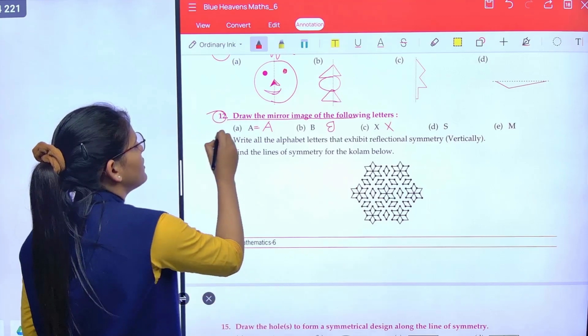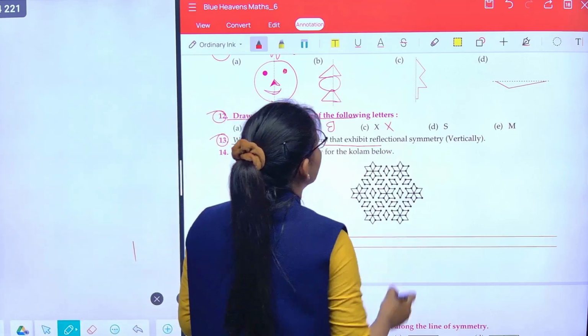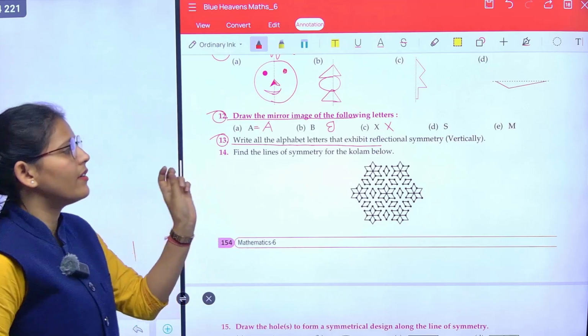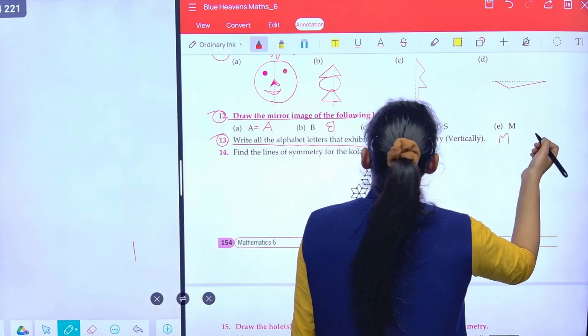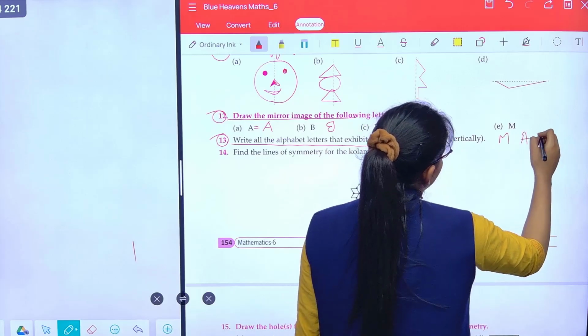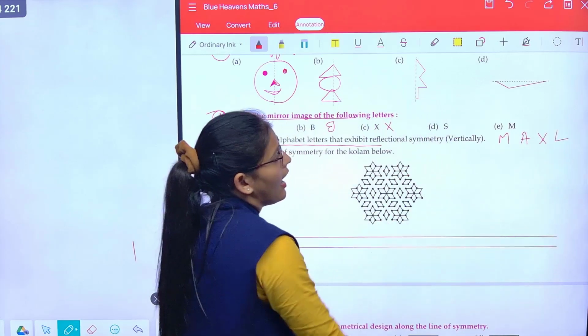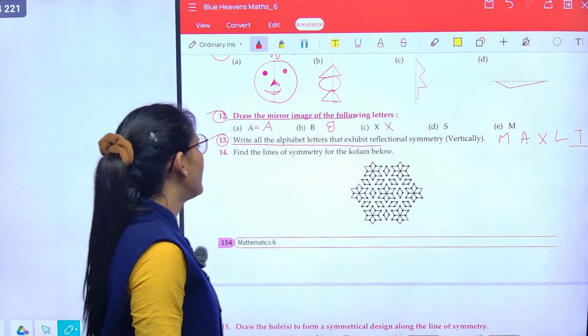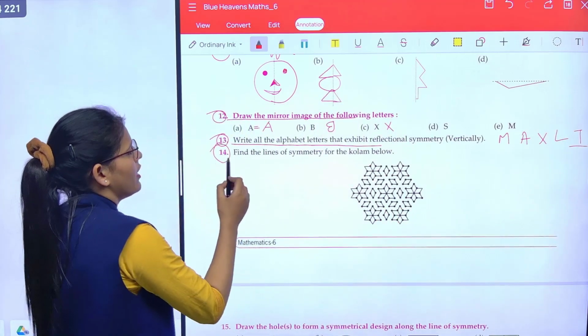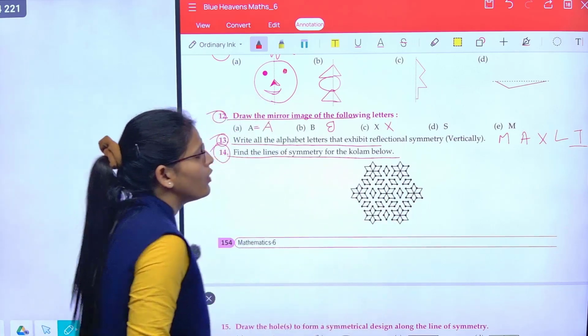Come on, question number 13. Write all the alphabetical letters that have symmetry vertically. Class, vertically में class M भी होता है and A, X, L, I ये सब vertical होते हैं class. Okay, now find the lines of symmetry for the column below.